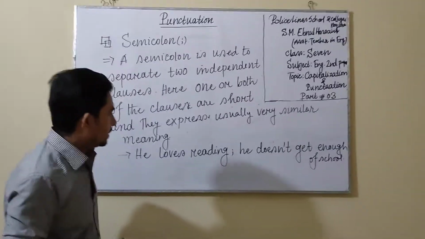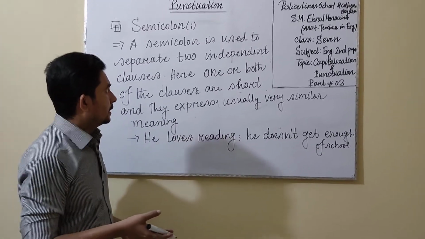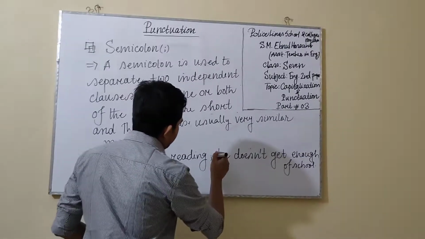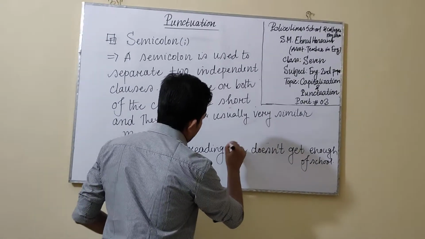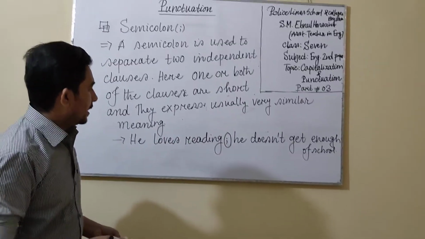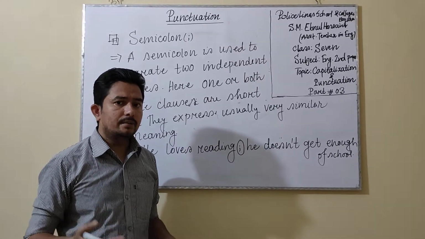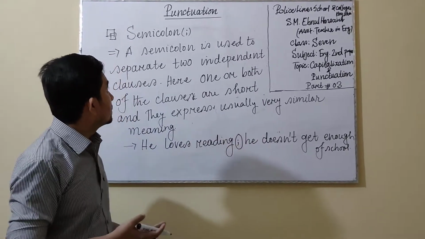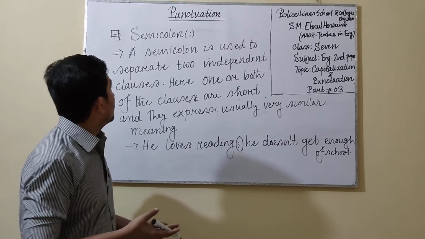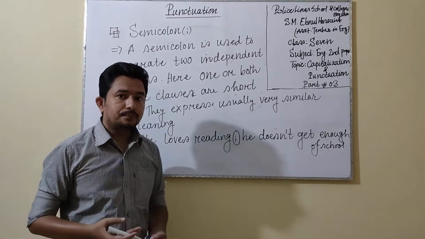So we can see that there are two clauses, and these two clauses are separated by the punctuation mark semicolon, and these two clauses express a very similar meaning. So this is the main use of the punctuation mark semicolon.